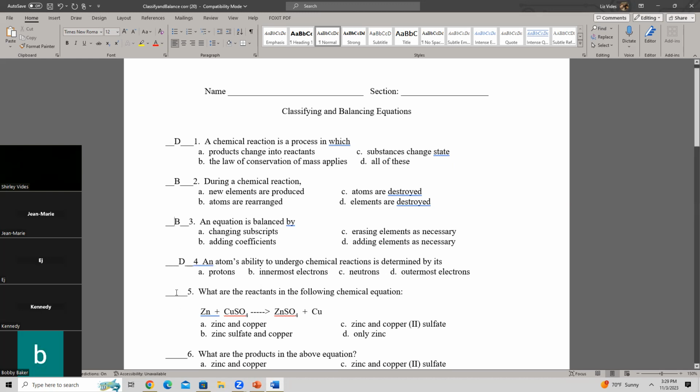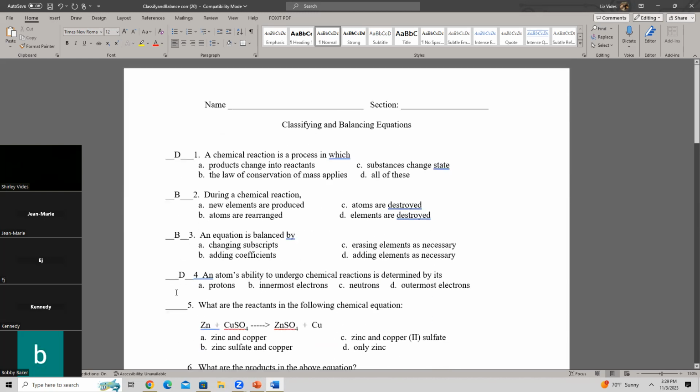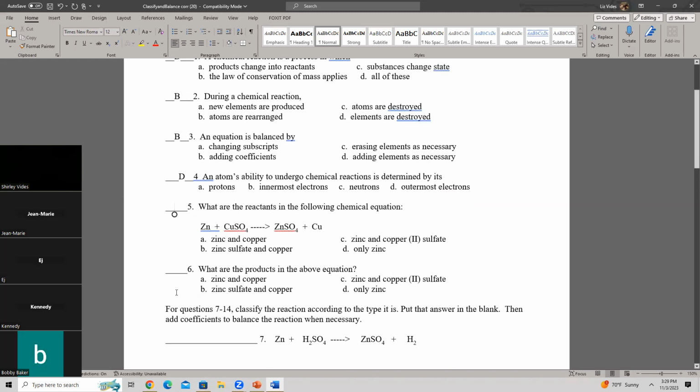All right, next one. What are the reactants in the following equation? So basically, this is just a matter of knowing which one's which. So what are they? Zinc and copper(II) sulfate.